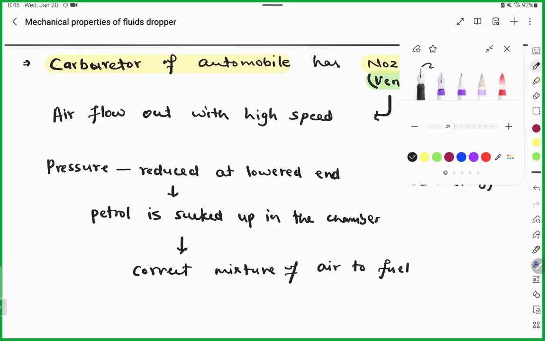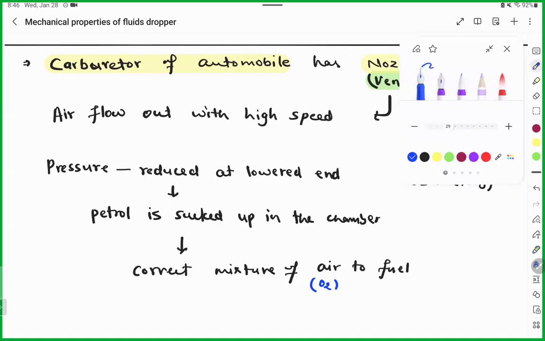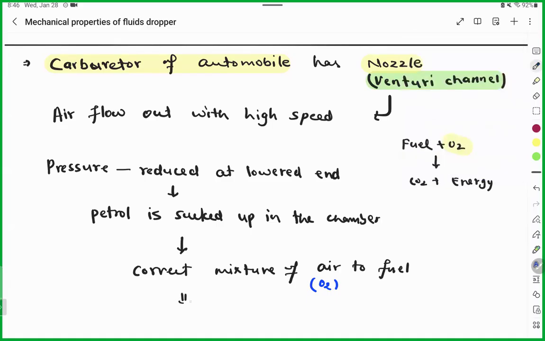And when we say air, we mean O2. And if you do it, there will be proper combustion.